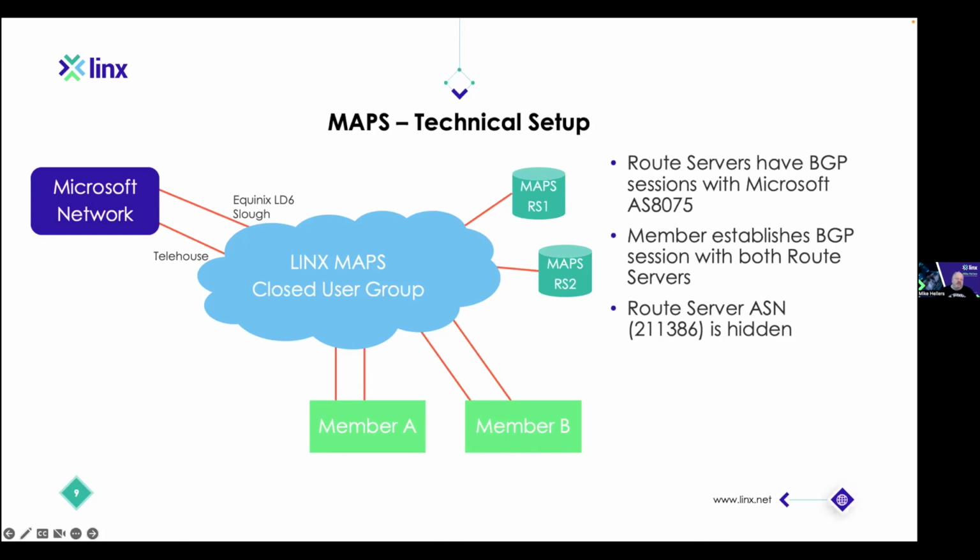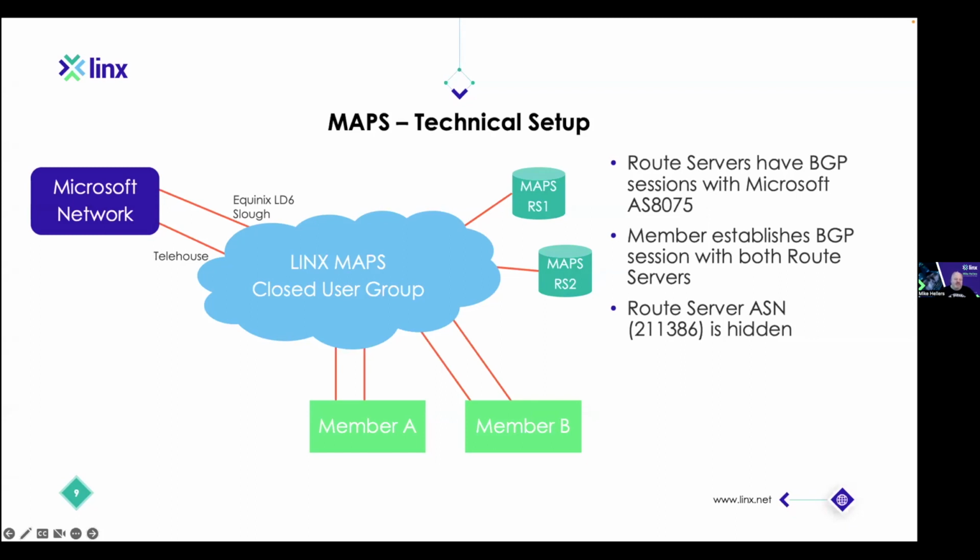And that's as much as there is to it. So it is technically a very simple setup. It looks very similar, again, for those using peering across internet exchanges, especially root servers. There's nothing new there.